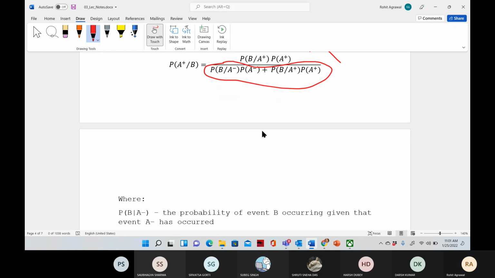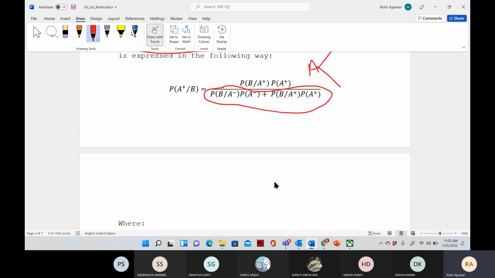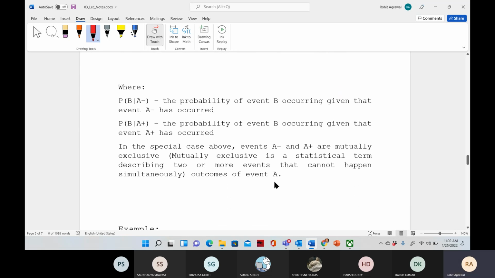ठीक है, so probability of B is replaced by this. ठीक है, probability of B is equals to what? Probability of B given A minus into probability of A minus plus probability of B given A plus into probability of A plus. ठीक है, so these are all the terms here. ठीक है, but keep in mind here the special case above, the events A plus and A minus are mutually exclusive.